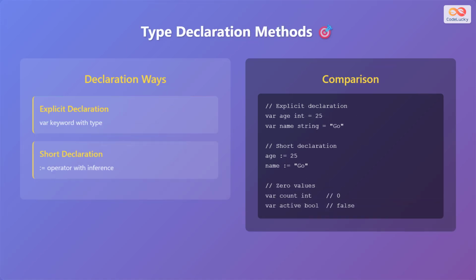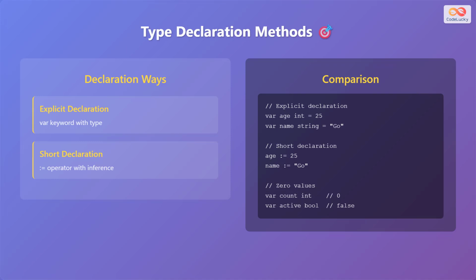Let's discuss different ways to declare variables in Go. There are mainly two ways: explicit declaration using the var keyword with the type, and short declaration using the := operator with type inference. Here's a comparison. Using explicit declaration, first declare a variable age of type int and assign 25 to it.